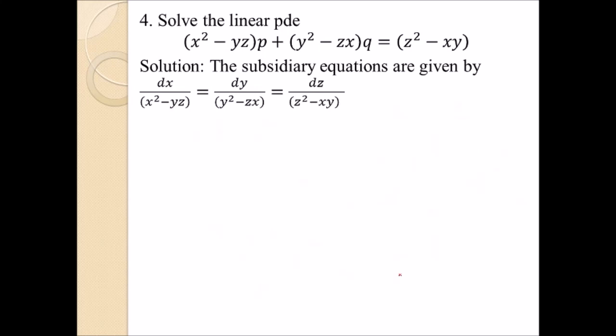Now we'll move to another example. Here the subsidiary equations are given by dx by x square minus yz equal to dy by y square minus zx equals to dz by z square minus xy.